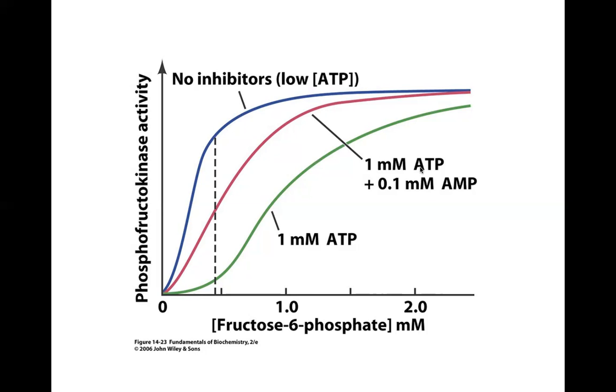Now, if you mix ATP with some AMP, adenosine monophosphate, that means that AMP is an allosteric activator. You're going to have some kind of intermediate reaction. That is because the cell plays around with the activity of this enzyme depending on how much ATP and how much energetic needs you have.